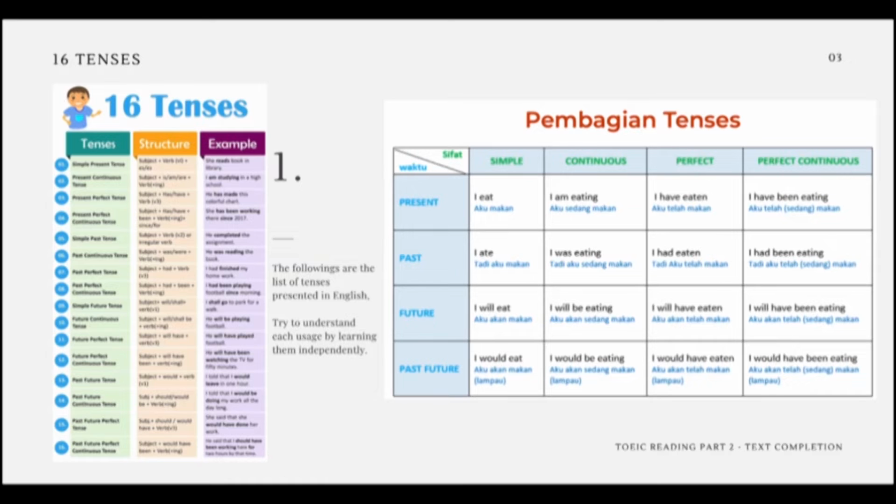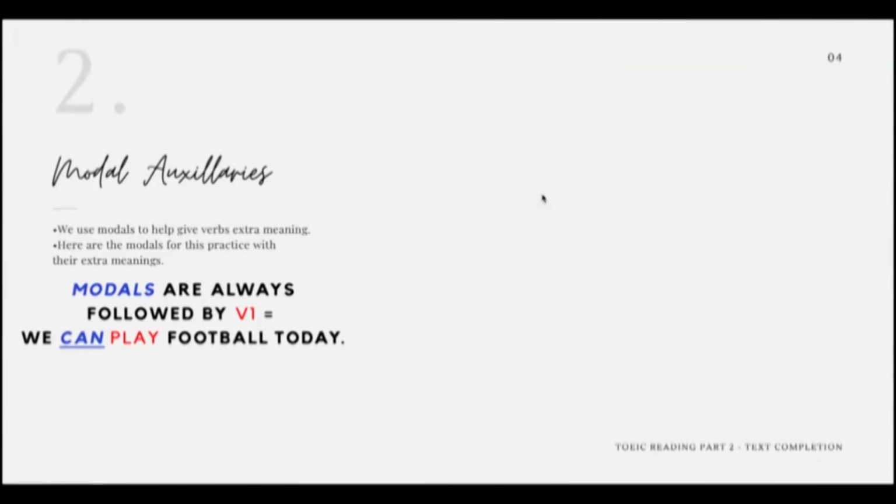Okay, try to understand it by yourself since it needs a lot of time to explain all 16 of them. And the next thing would be modal auxiliaries. In this case, what are modals actually?